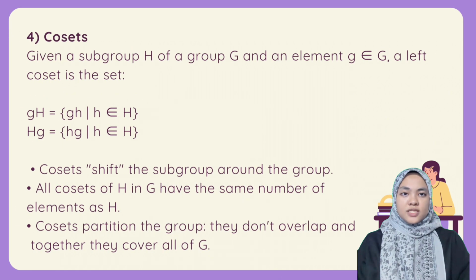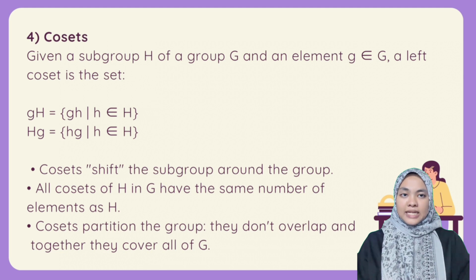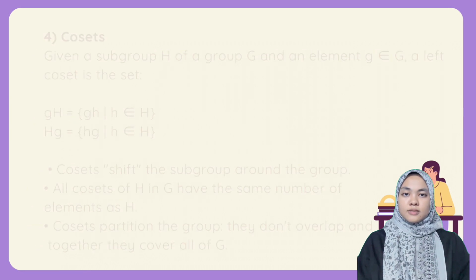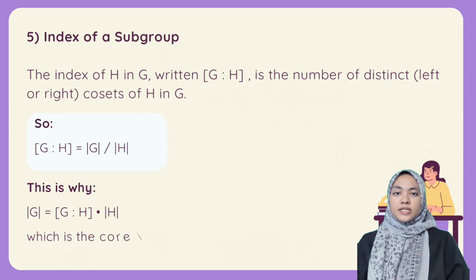The fourth one is cosets. Given a subgroup H of a group G and an element g in G, a left coset is the set as you can see on the slide. Each coset is a shifted version of the subgroup. All cosets of H in G have the same number of elements as H and they do not overlap. The group is partitioned into these cosets. The last one is the index of a subgroup.